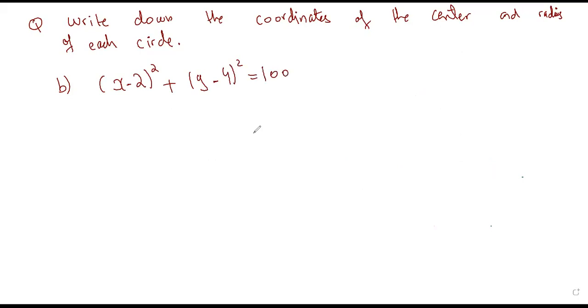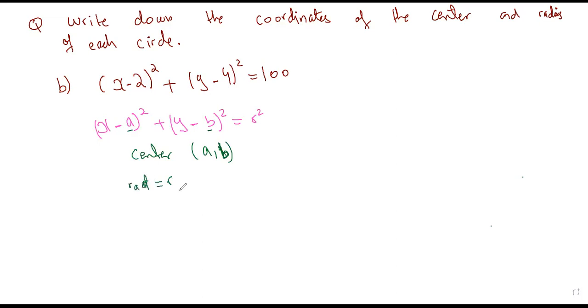So far we have just discussed the general form of the equation of a circle, that is (x − a)² + (y − b)² = r². I will write it down again and again just so you guys get comfortable with this, where the center of the circle is at (a, b). Why (a, b)? Because this is a and this is b, and the radius of the circle is r basically.